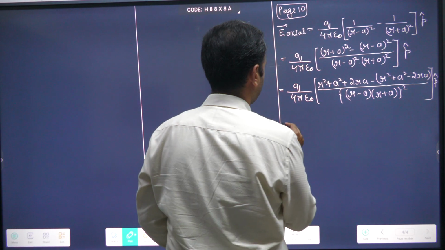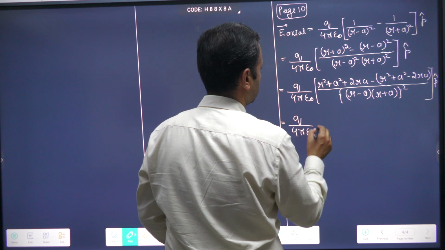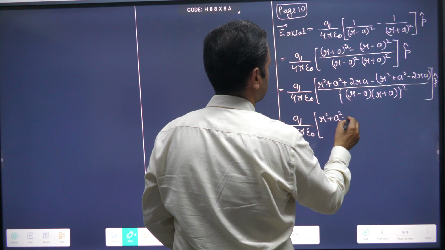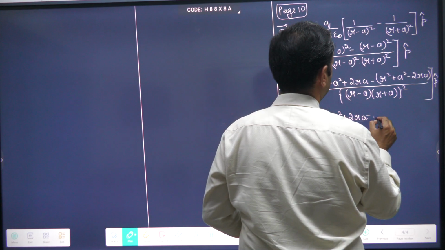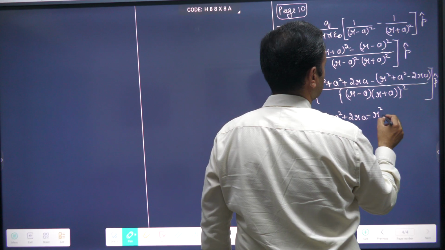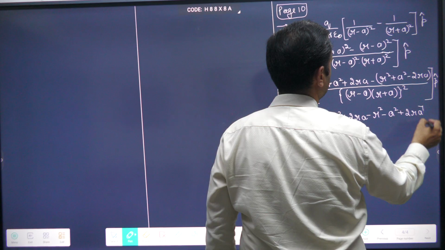Now q upon 4 pi epsilon naught, r square plus a square plus 2ra minus, if we expand it, the minus sign will get multiplied inside, minus r square minus a square plus 2ra.